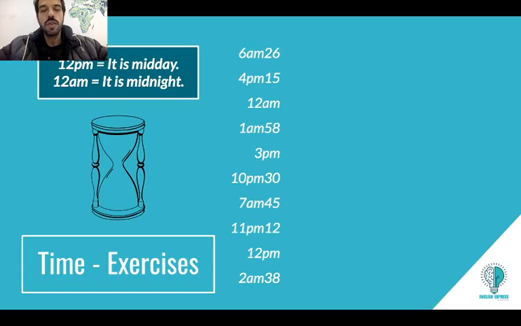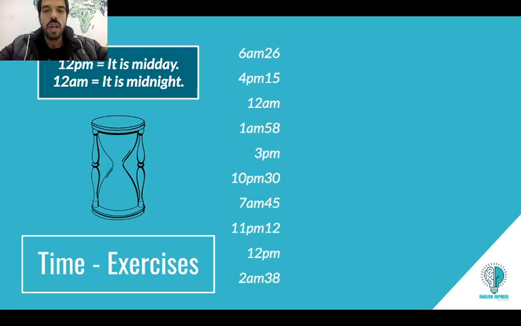Okay, so I put some examples over there and now it's our time to solve them. Our first one, 6:26 a.m. Just a very important thing: there is no difference between AM and PM in talking about the hours, okay?